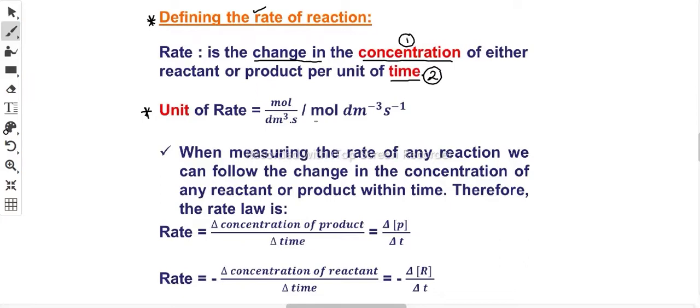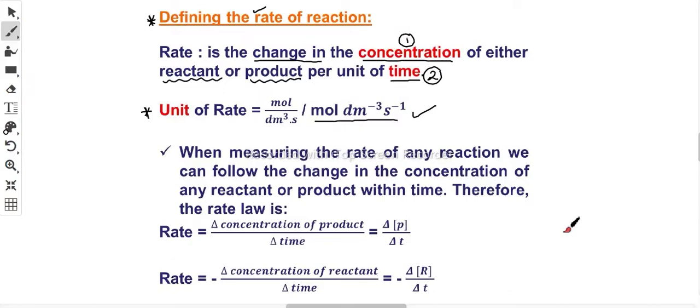So from here, we can find that the unit is mol dm^-3 s^-1. According to the definition, if we want to follow the rate of the chemical reaction, we can go with the change in either the reactants or the products.